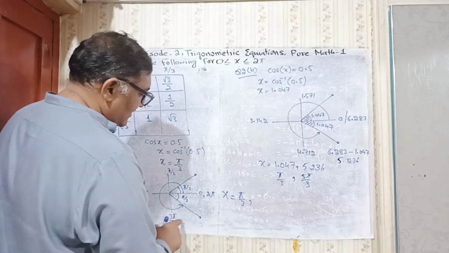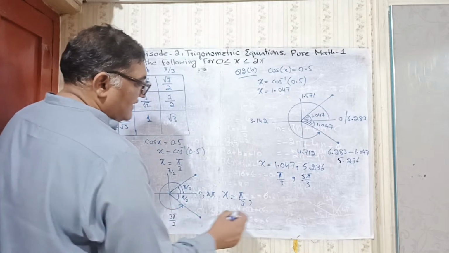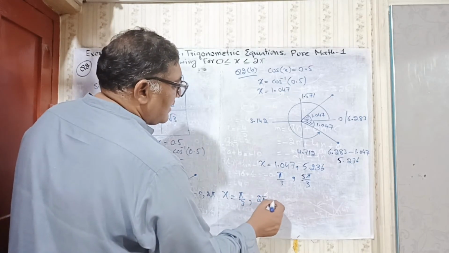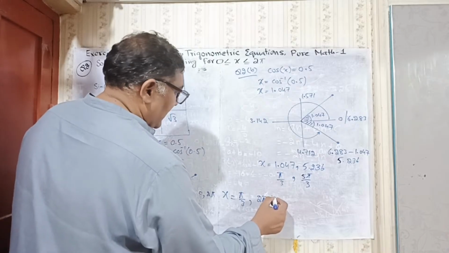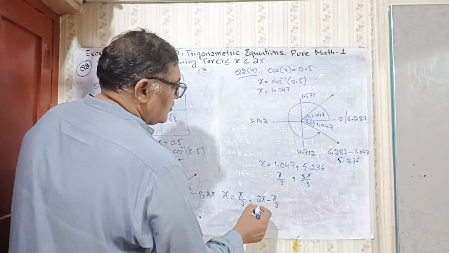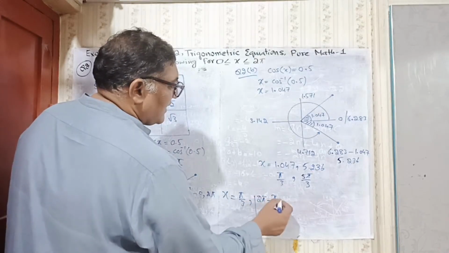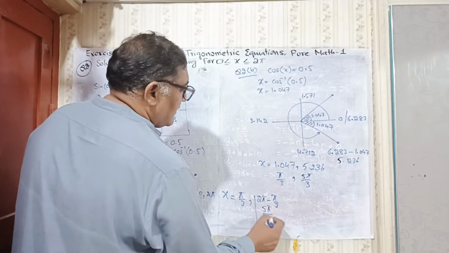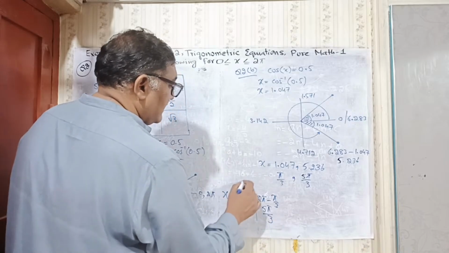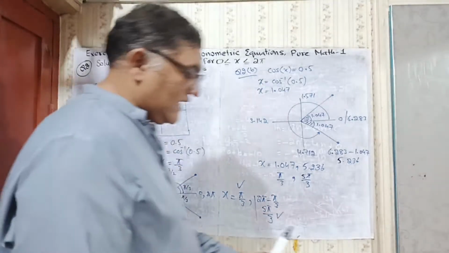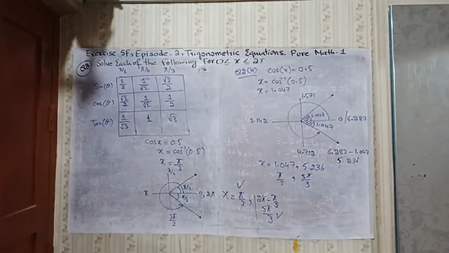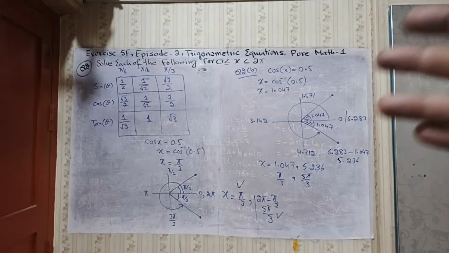But this angle will be 2 pi minus pi by 3, so this will be 5 pi by 3. This is the answer. This is how they used that table and found that value. I hope you understand a little bit. Now we will keep that table there and try to do the questions on this side.